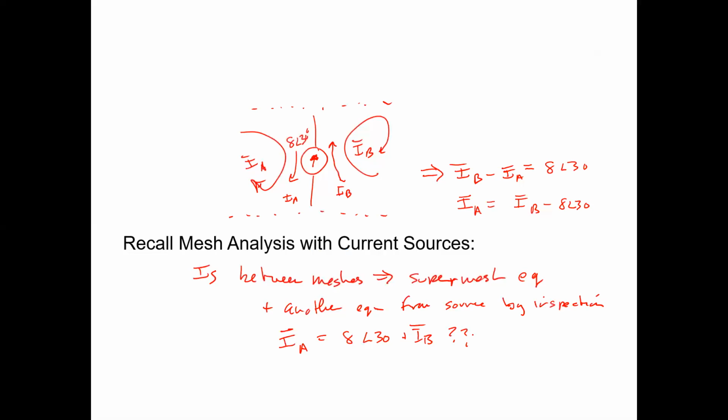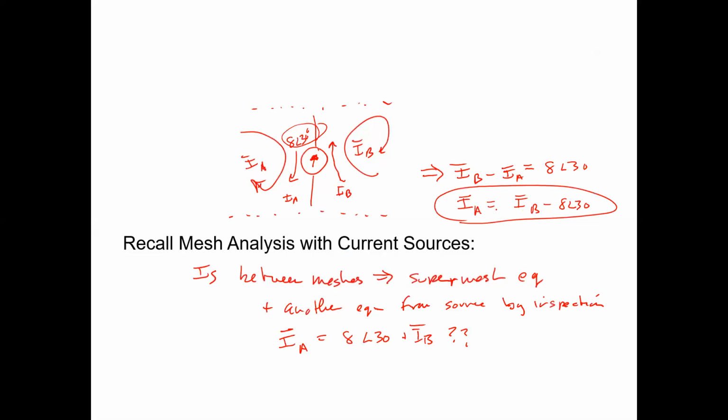So it's a little tricky. Why doesn't that approach work? You're saying that the current going down, 8 angle 30, has to add up to the current going up, which is, the current going down is IA, so 8 angle 30 plus IB. I think the point is that 8 angle 30 is the net, and that's composed of the net combination of IA and IB in the correct relationship of the signs.